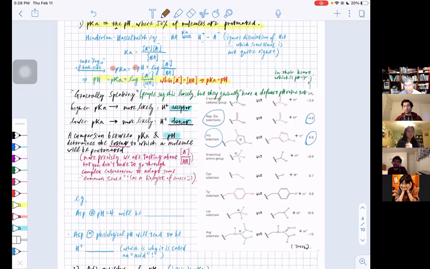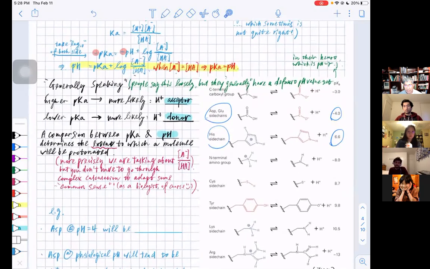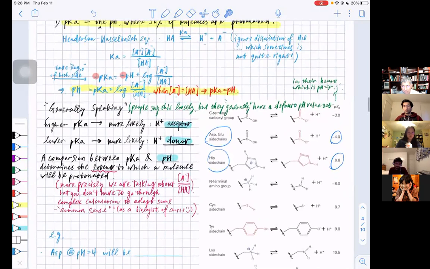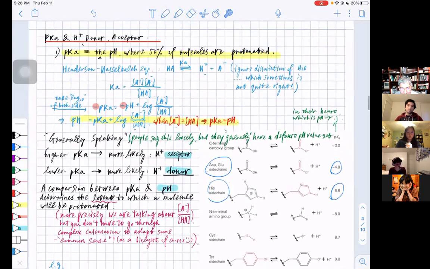This equation tells us a lot about how we can think of pKa, because knowing the pH and pKa, you can figure out the ratio of the charged and neutral forms, or we can say the ratio of the conjugate base and the acid. So that gives you some sense of the extent of protonation based on the comparison of pKa and the pH of the environment.